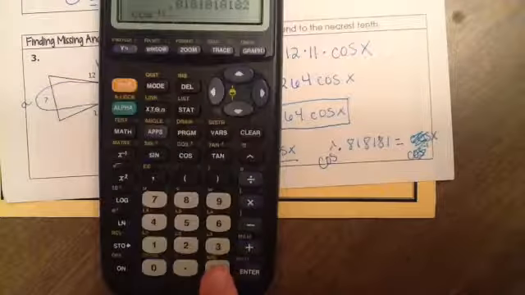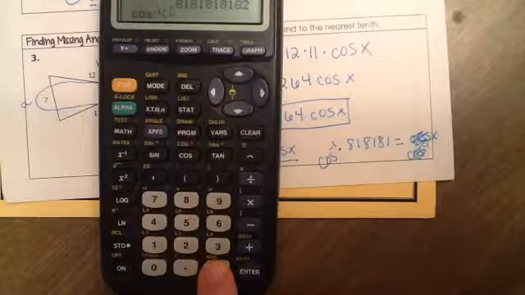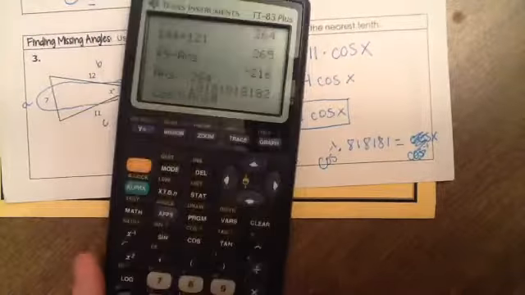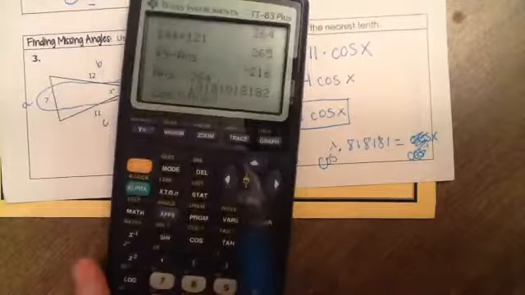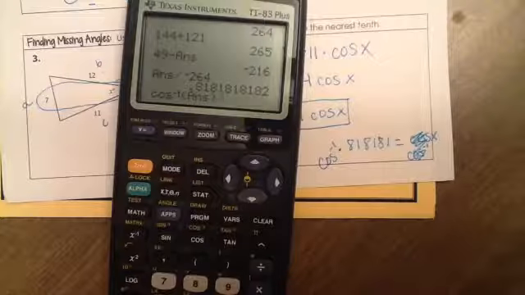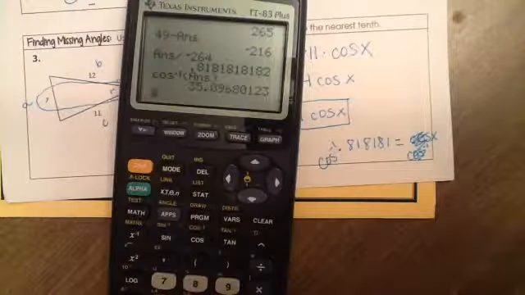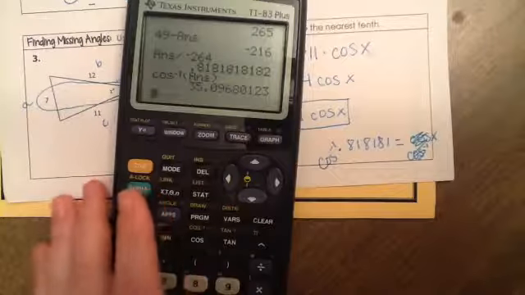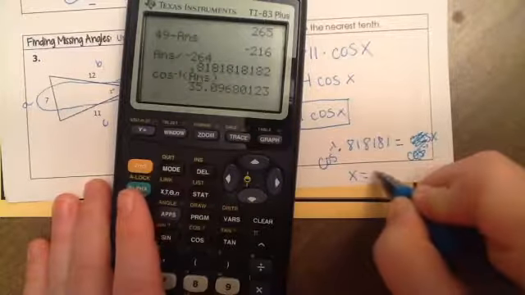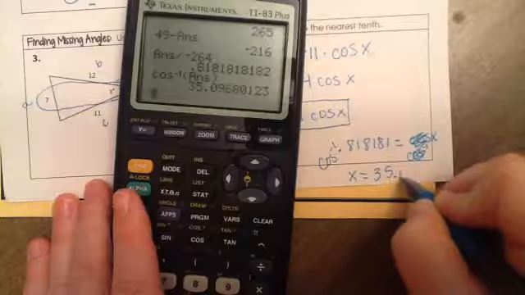Second, hit this minus sign, and it'll plug in this long list of decimals so I don't have to round. Close my parenthesis and hit enter. X equals 35.1 degrees.